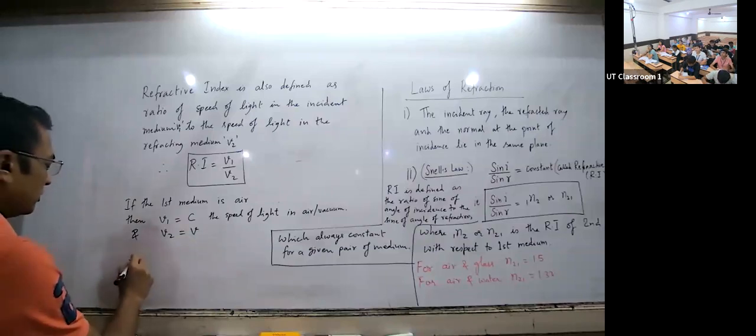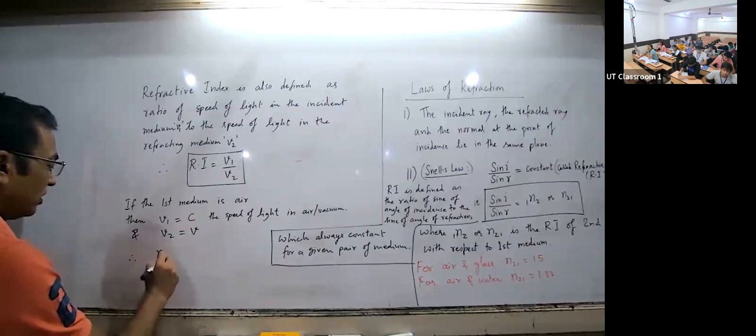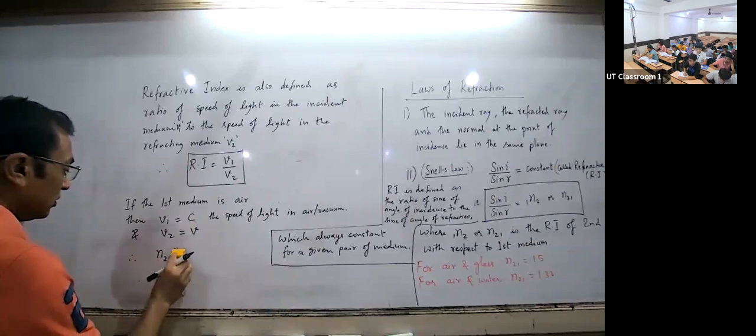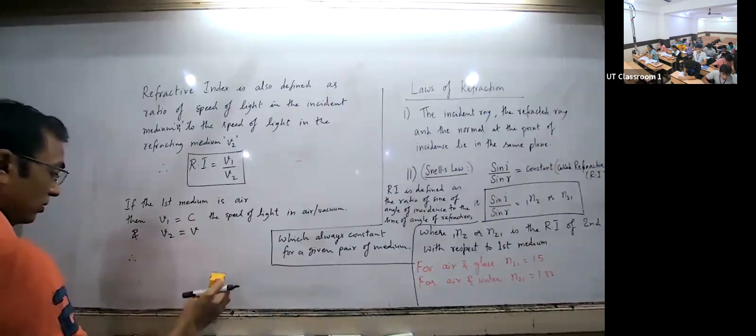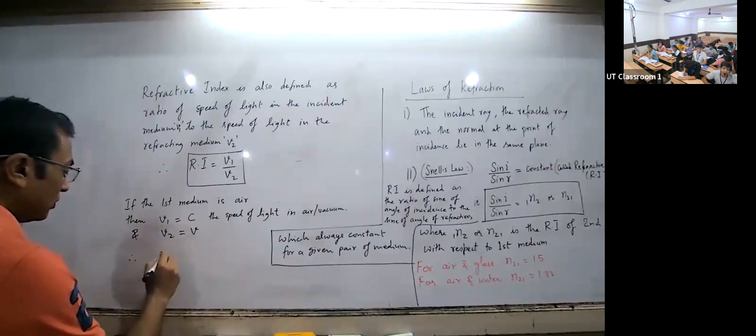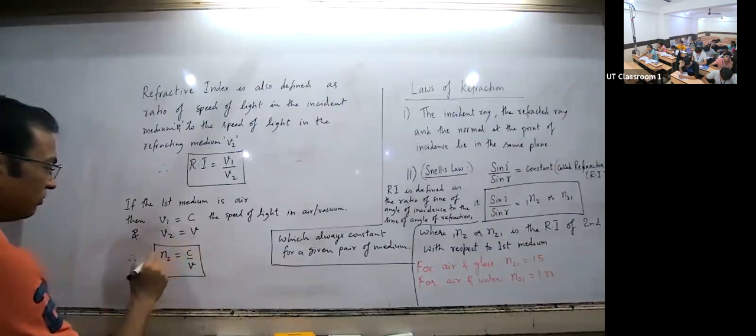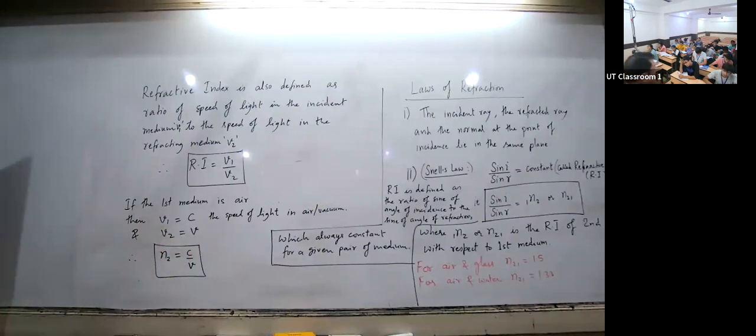So therefore, what can we write? n21 is equal to C by V. We don't mention the first medium in that case. Okay, we don't mention the first medium if the first medium is air.